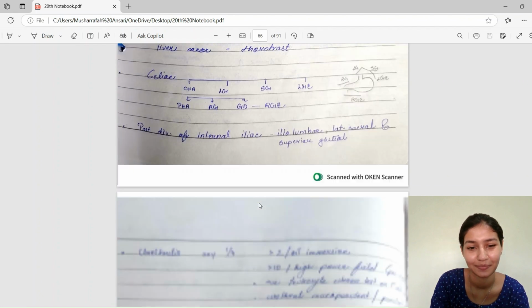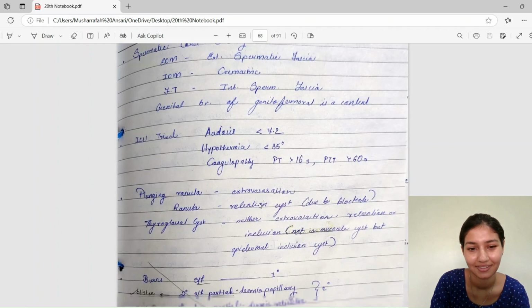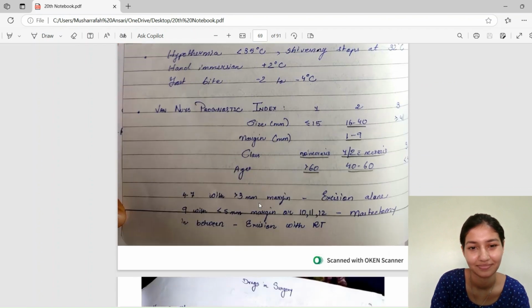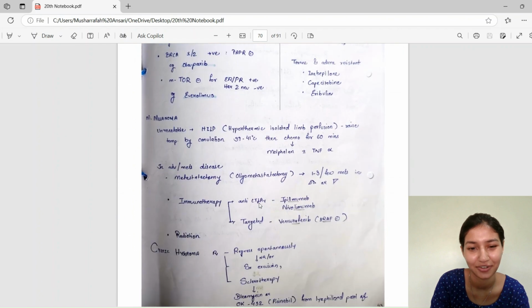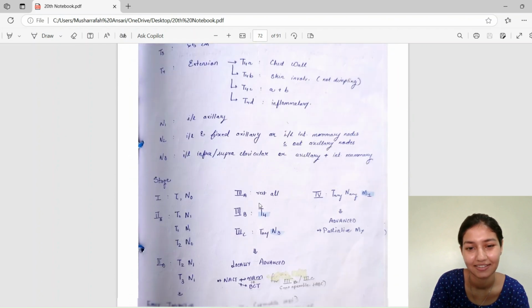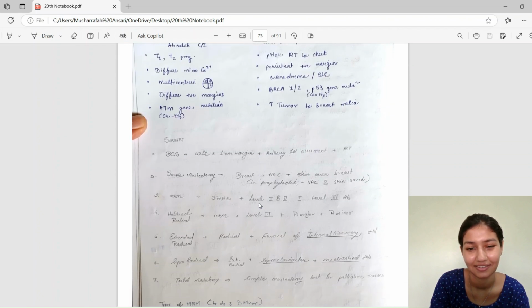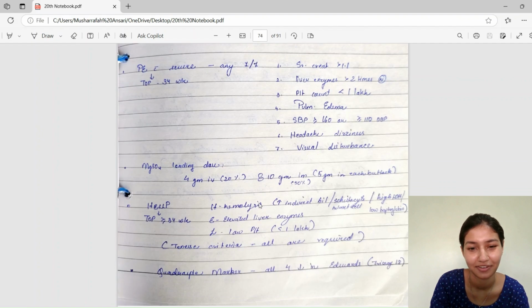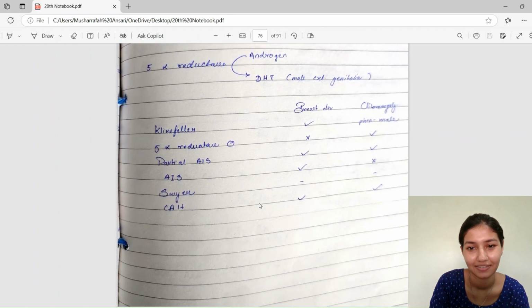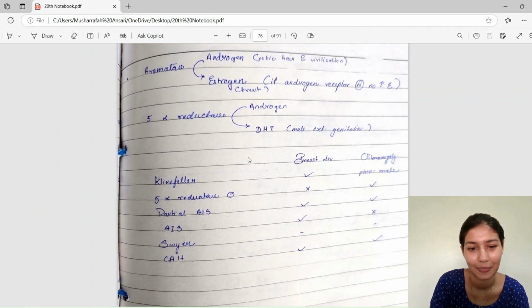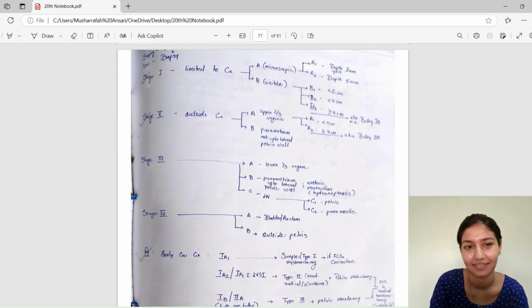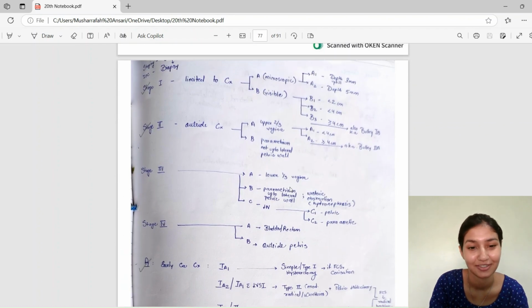Surgery. I have classification, the drugs, and then staging. OBGY, in which sexual disorder, what development occurs, what is left behind, the staging of cervix, extremely important.